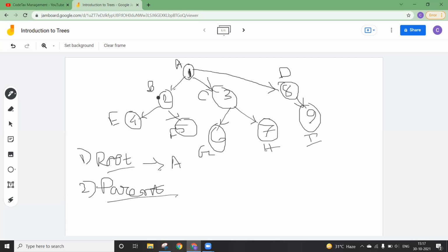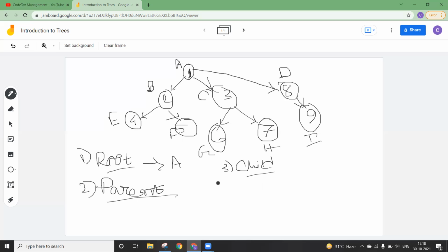Like here B is the parent node of E, or B is the parent node of F. The third terminology is child. Any node which is connected to a parent node, meaning the node which has an edge pointing to it from some other node. Like here E is the child node of B, or F is the child node of B.